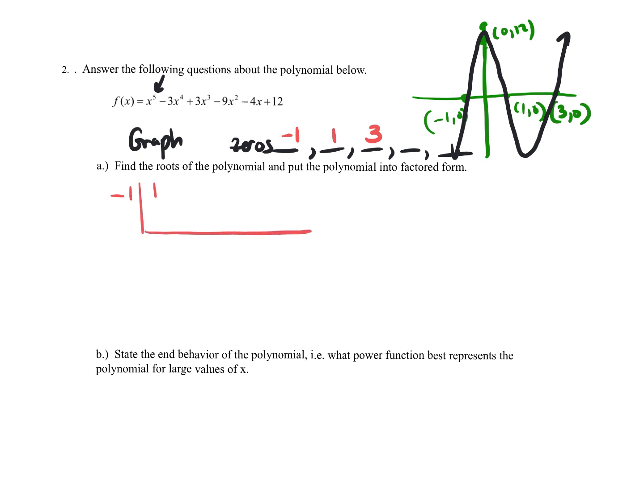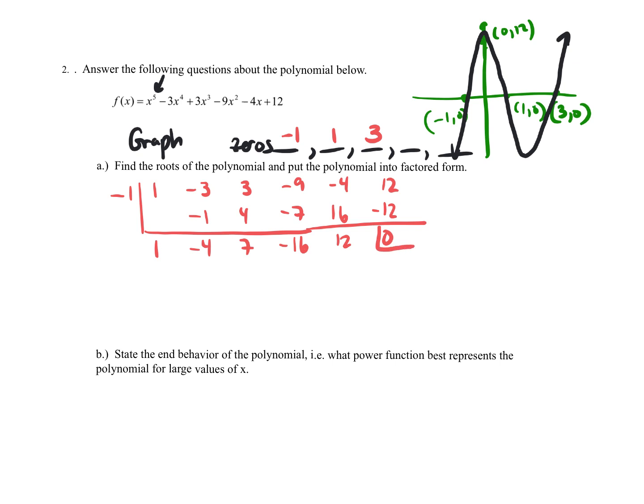So we'll take -1 divided by 1, -3, 3, -9, -4, 12. We know the remainder should be 0 when we get to the end, and we're just going to do this multiple times. So that's -16, that's 16, that's 12, that's -12, that's 0.